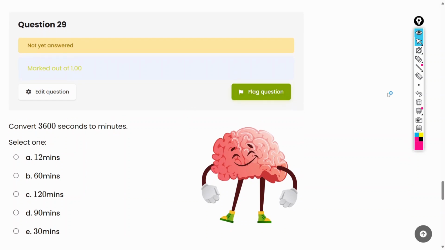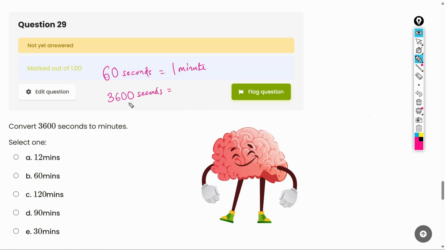Convert 3,600 seconds to minutes. We would recall that 60 seconds is equal to 1 minute. So we are looking for the value of 3,600 seconds.